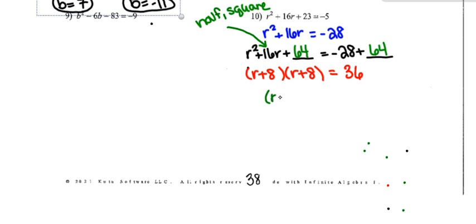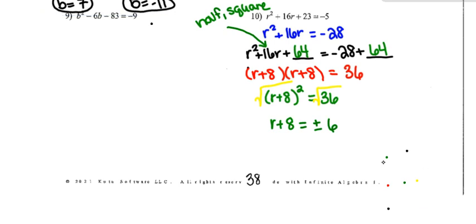So now I've got r plus 8, the whole quantity squared on the left side, equals 36. And I'm set up to take some square roots. So I end up with just plain old r plus 8 on the left, and plus or minus 6 on the right.